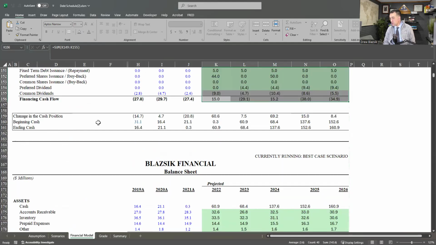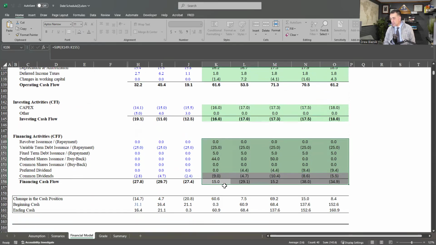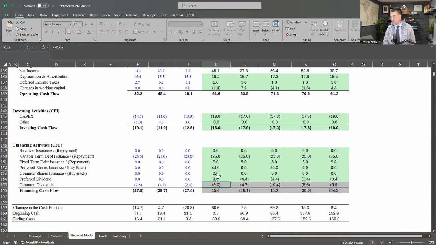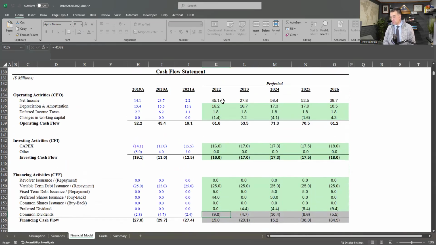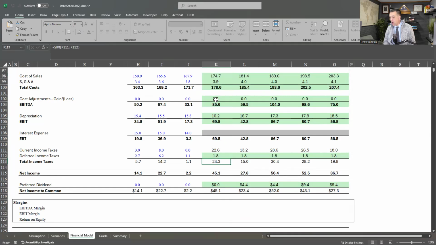All right, now let's go a little further up. So this isn't correct yet because remember common dividends? When I showed it from the beginning, I had net income to find out how much you're paying in dividends. It's a certain percent of net income we're paying to the dividend shareholders. Well, net income is incorrect. Why is net income incorrect? Because our income statement is not correct yet, because we don't have our interest expense inputted.